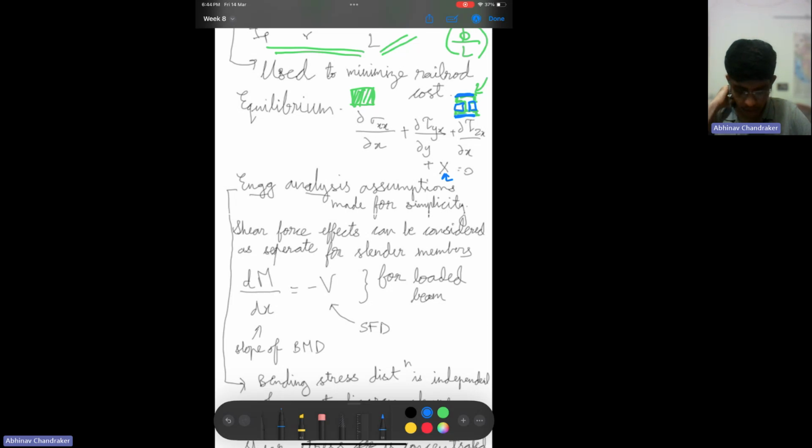This is the relation for equilibrium. I think here there's some mistake. I'll correct it. Here it should be tau zx by dou z. We are looking at the equilibrium in the x direction, but we are also looking at the contribution of shear stresses on the y plane and the z plane.